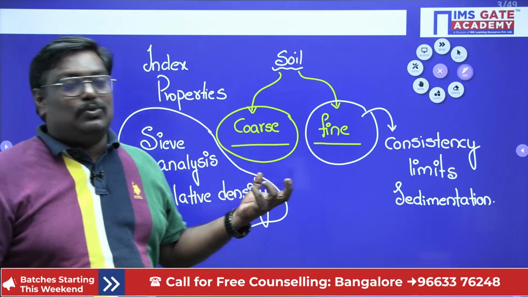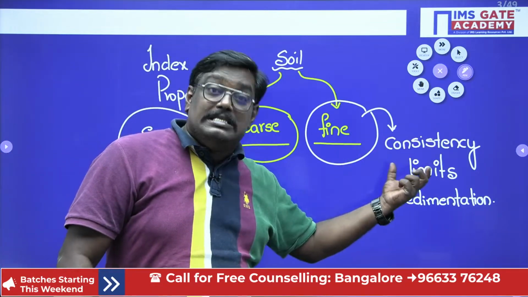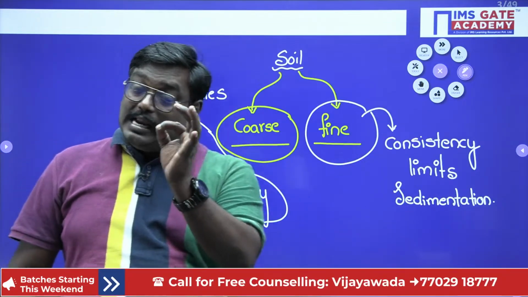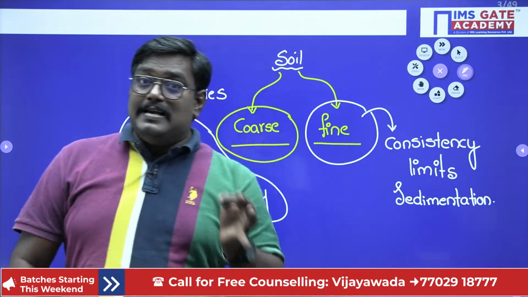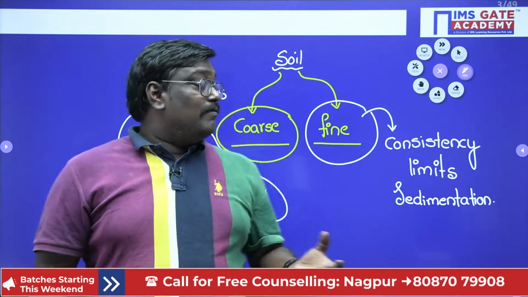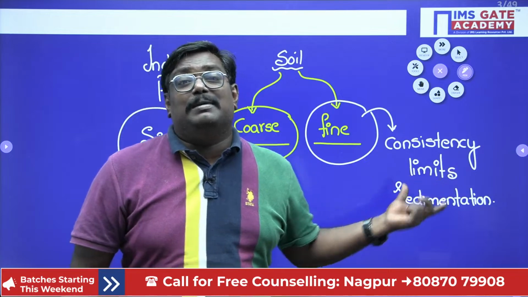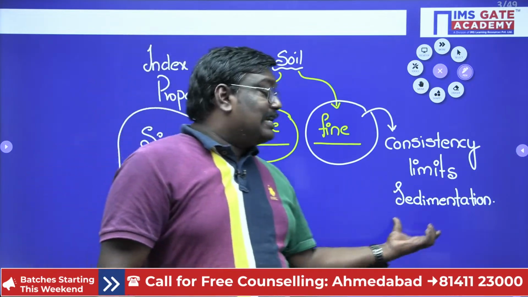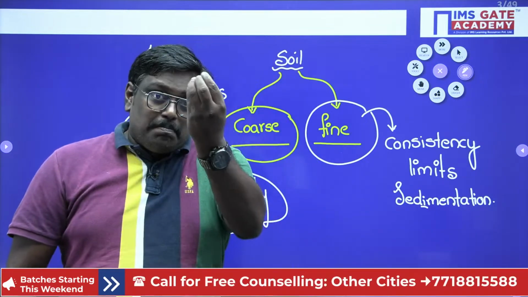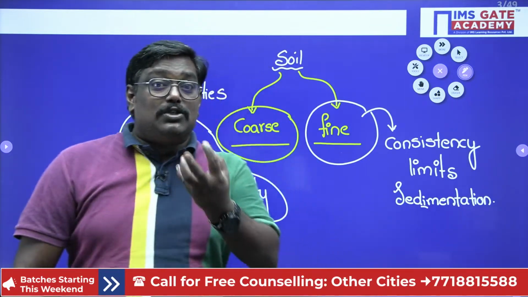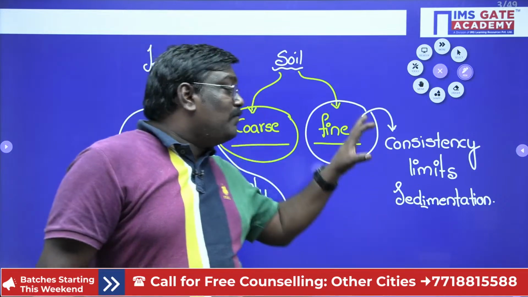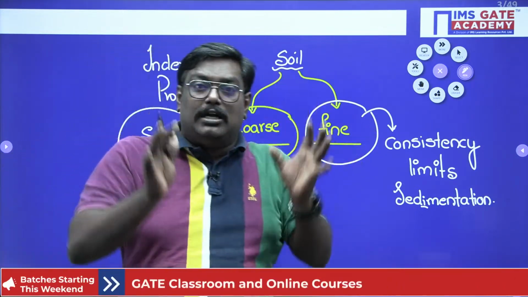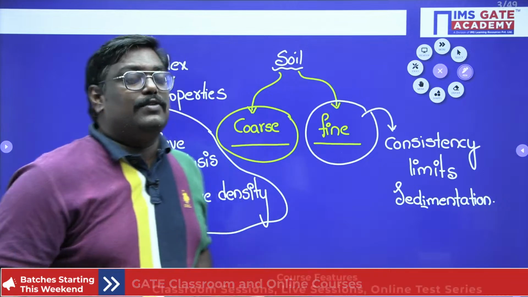Similarly, when you talk about the consistency limits, you can expect a problem in GATE 24, so please be attentive and be focused. And coming to the sedimentation analysis, based on the settling velocity, the soils are classified. We'll discuss these parts in a broader picture when it comes to the individual terms.